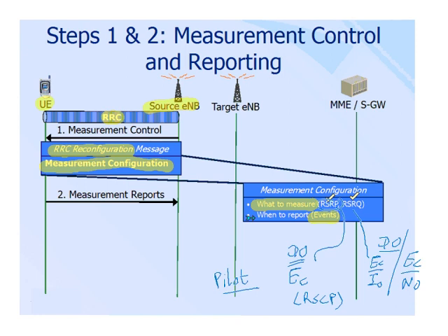But basically, one event says that our neighboring cell becomes better than our currently serving cell. And whenever that event occurs, when the neighbor becomes better than the current serving cell, then you will send a measurement report. So that would be one example of how to use the events.